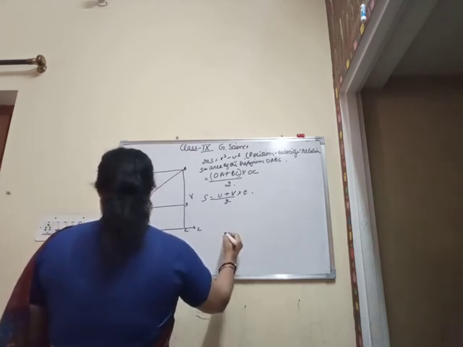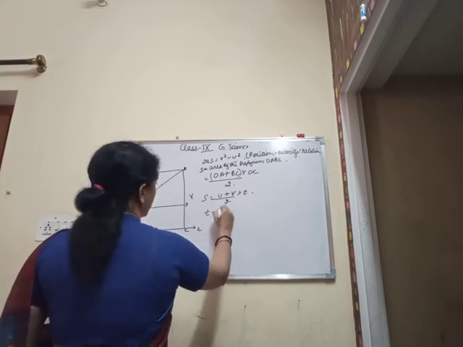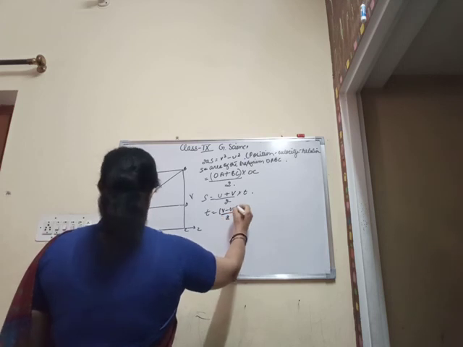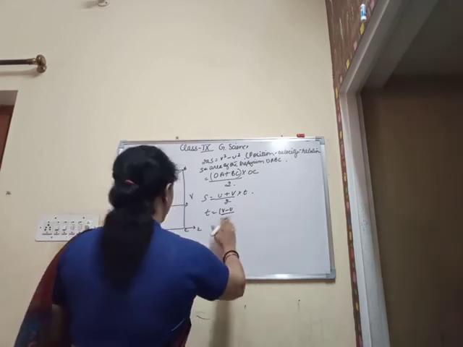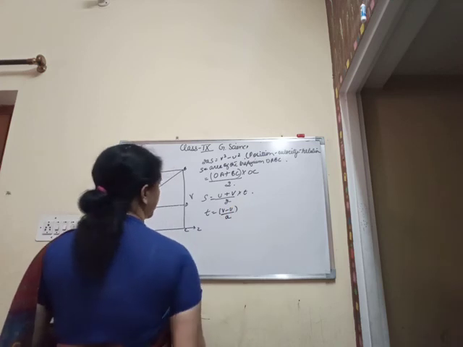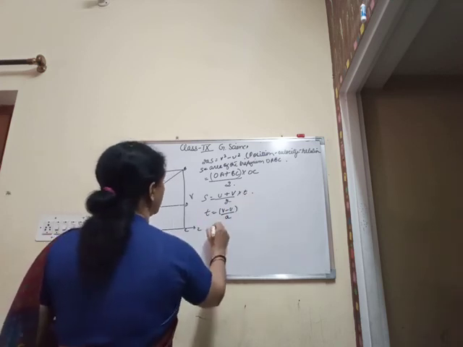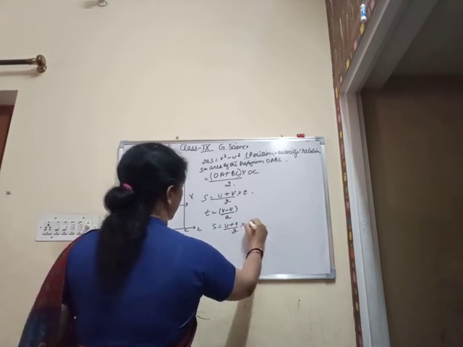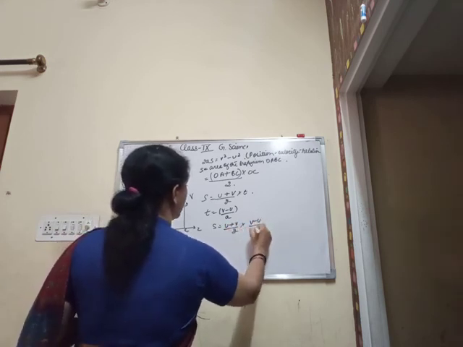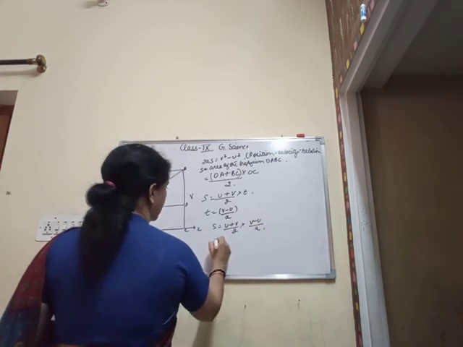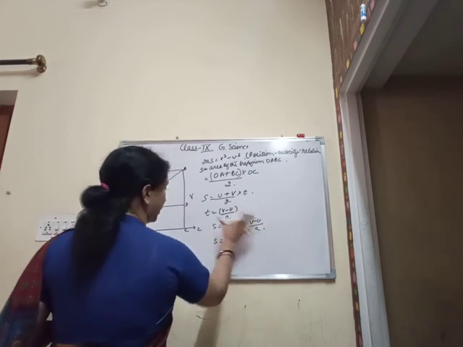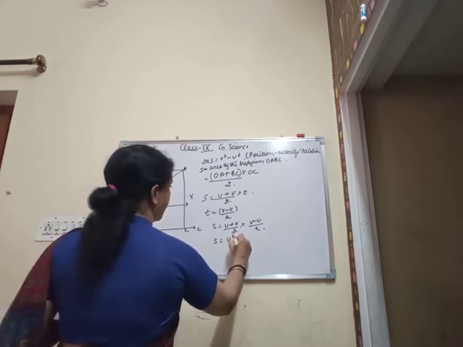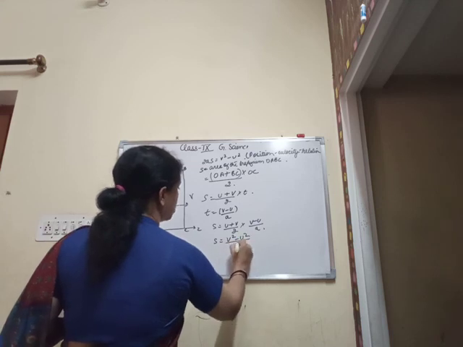From the velocity time relation, T is equal to V minus U upon A. So substituting the value of T over here, S is equal to U plus V upon 2 into V minus U upon A. Using the identity A square minus B square, we get V square minus U square upon 2A.